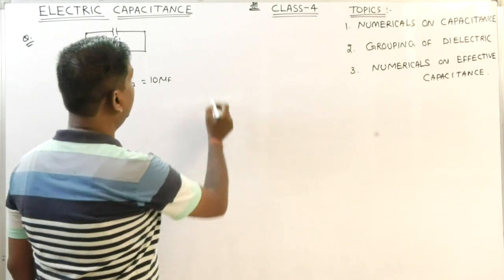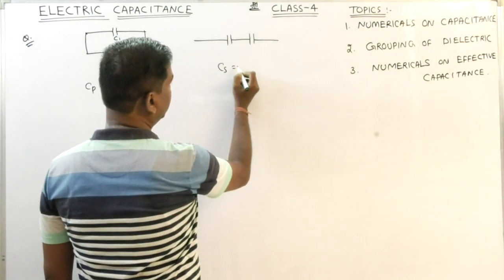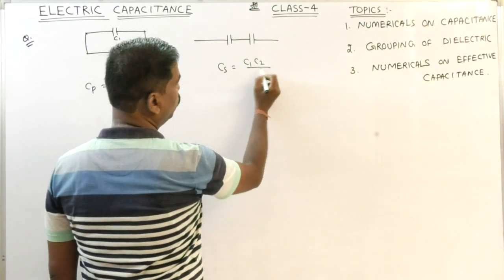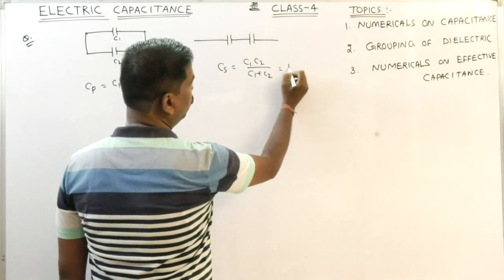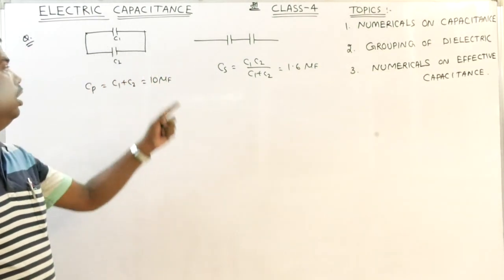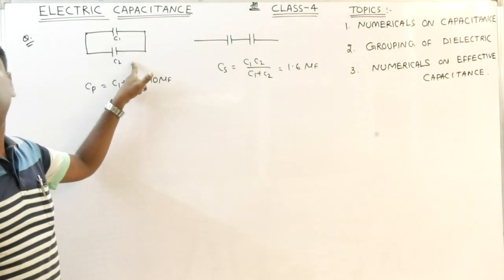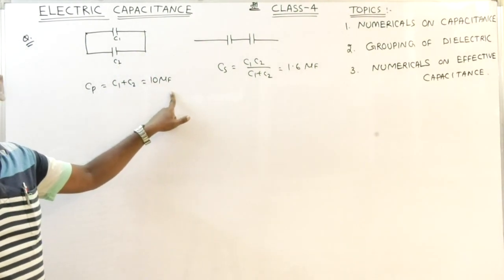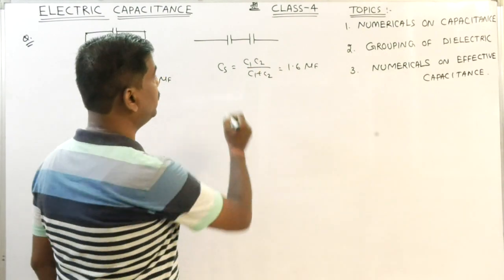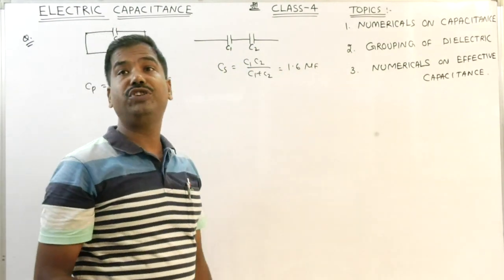When such capacitors are connected in series, the effective capacitance is C1 C2 by C1 plus C2, which is given as 1.6 microfarad. Clear? When two capacitors are connected in parallel, the effective capacitance is 10 microfarad, and when such capacitors are connected in series, the effective capacitance is 1.6 microfarad.